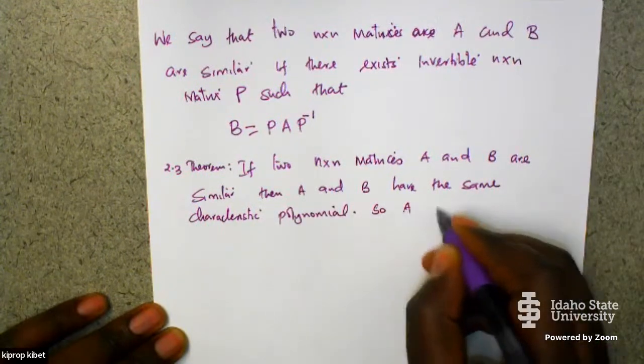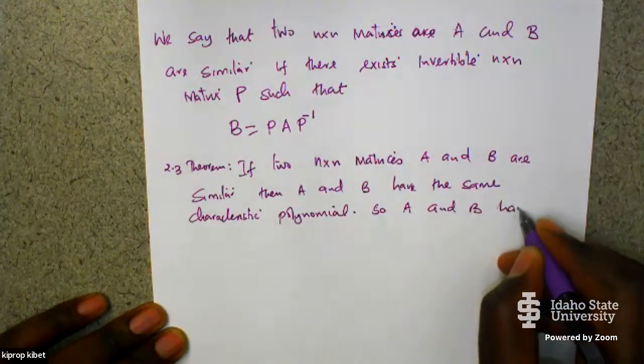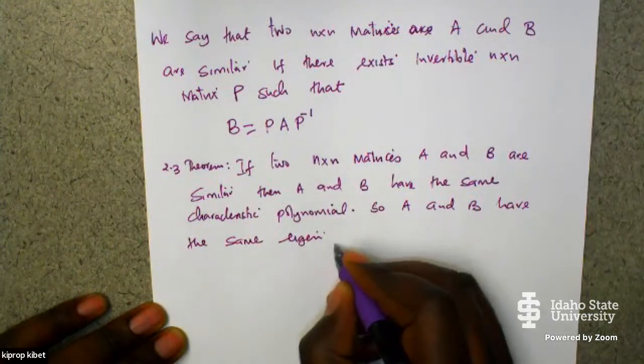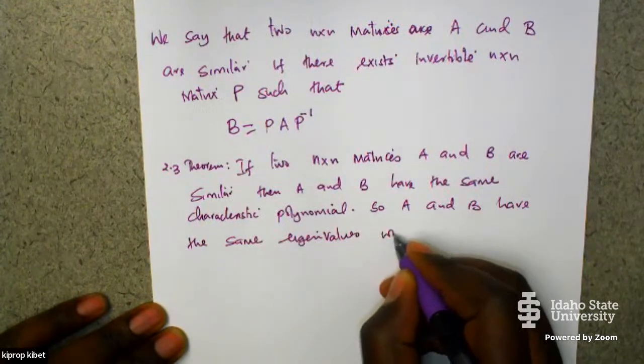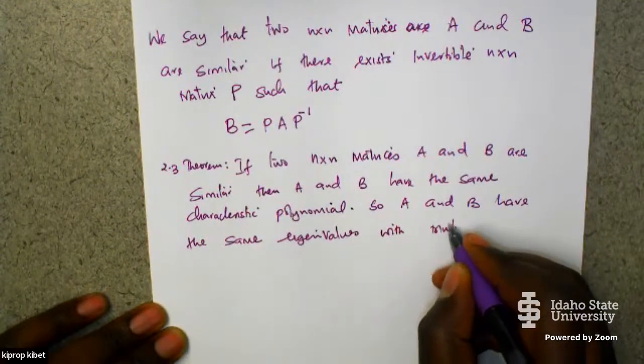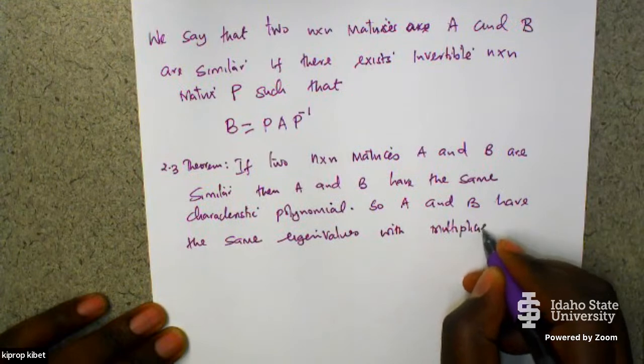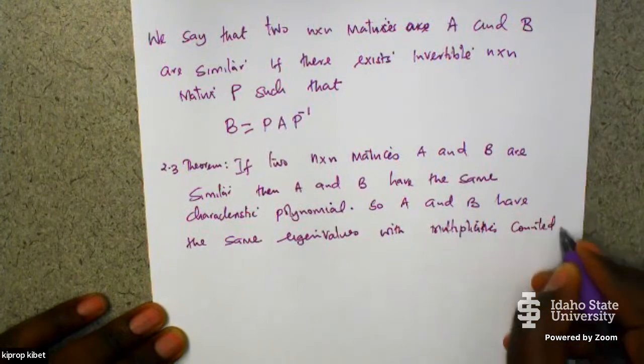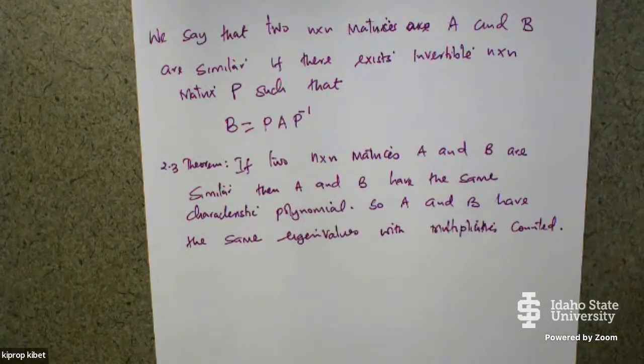So A and B have the same eigenvalues with multiplicities counted. So the two matrices are similar if they have the same characteristic polynomial and the same eigenvalues with multiplicities counted.